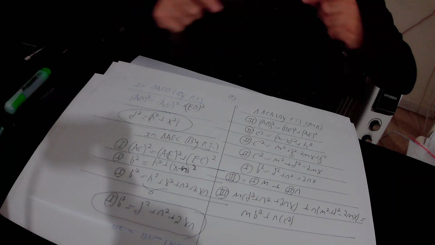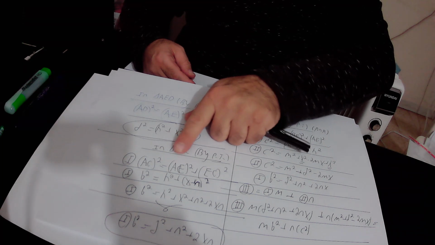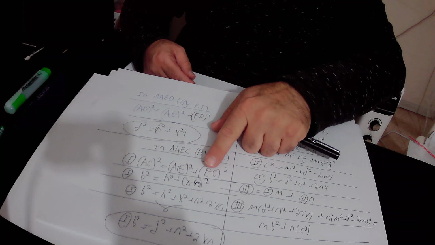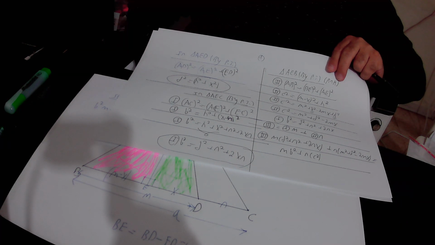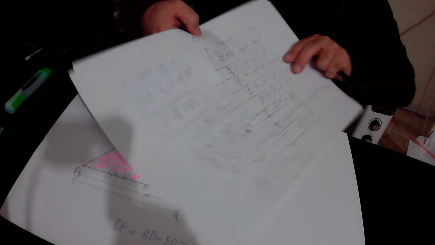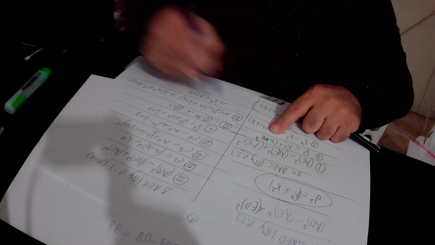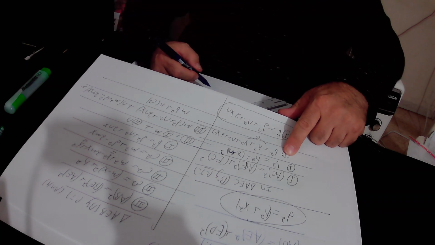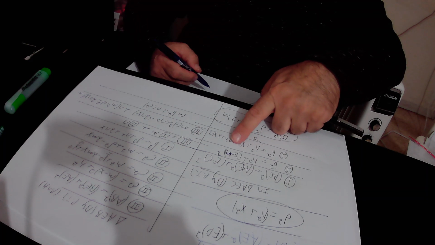In conclusion, we found out that according to the Pythagoras theorem, in the right triangle AEC, D square equals H square plus X plus N square.